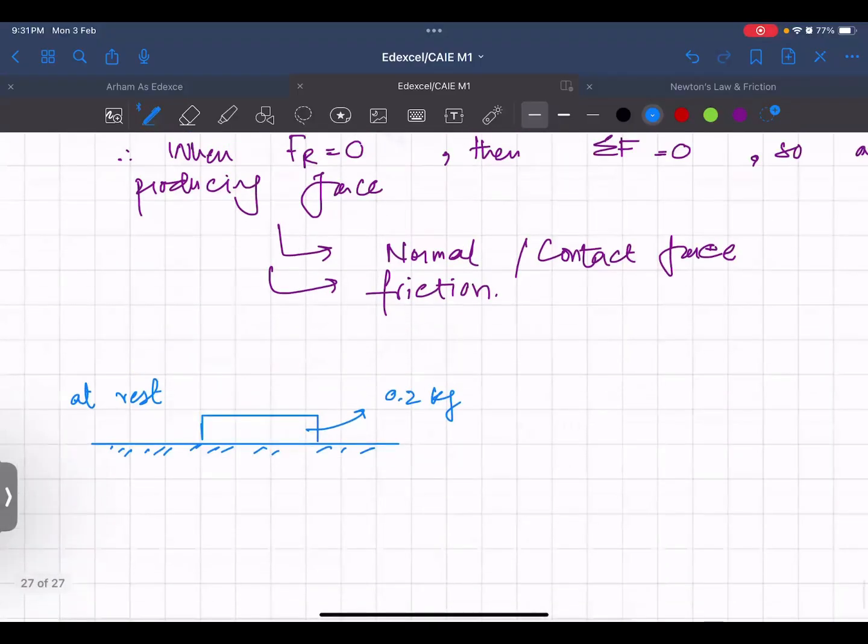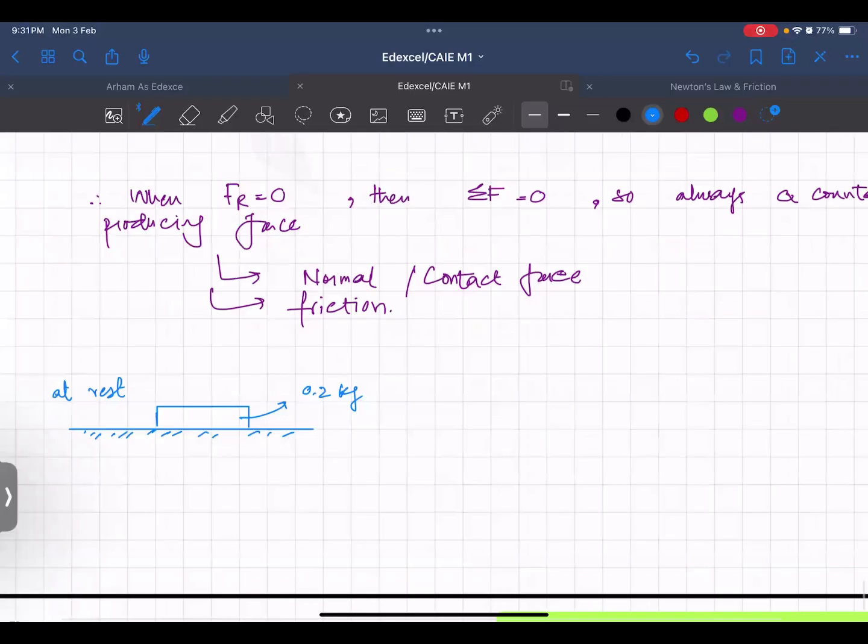Can anyone suggest how many forces are being applied on this book, in this system? Two. What are they? The normal contact force and the gravitational force. Yes, good. So gravity would be pulling the book downward, which is weight equals mg, the basic thing, mass times acceleration, which is 10, so 2 Newton.